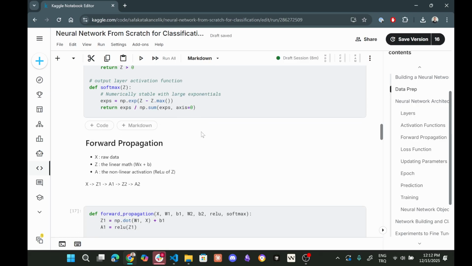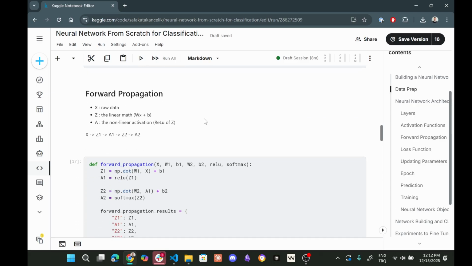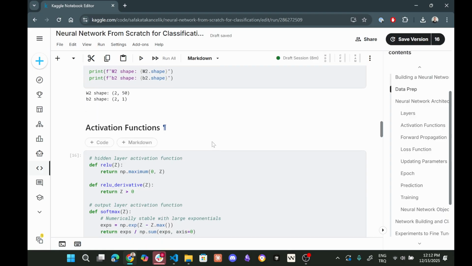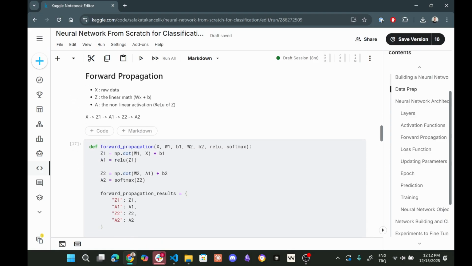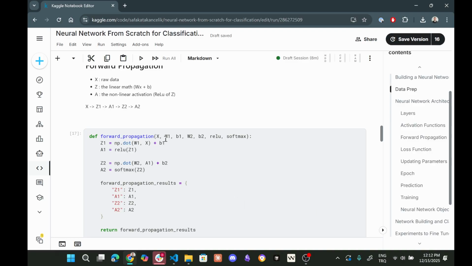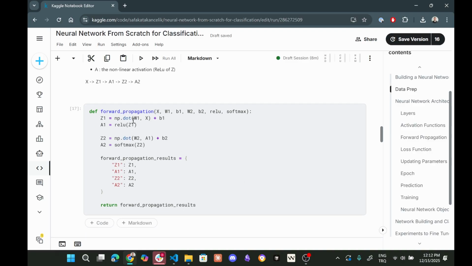So it works for my purposes, and I will use the standard libraries anyway, so it's okay. So I'll show that too. In the forward propagation, it is simply taking one linear function, weight 1 multiplied with our features, and the biases are added, followed by ReLU.